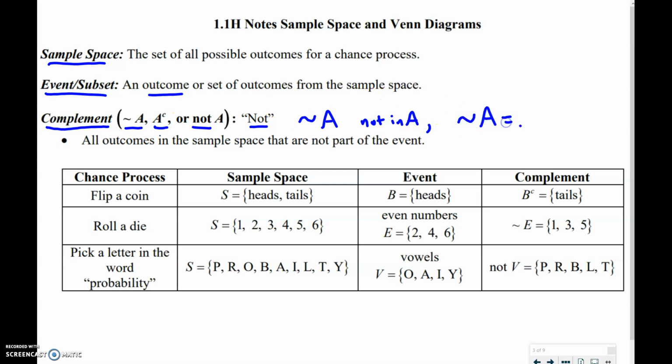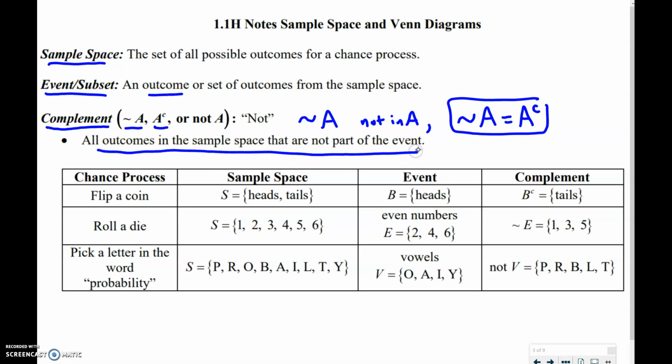This also means complement. So complement is everything that is not in A, right? And we can use the word not if we want to. But these are going to be the most common notations that we have. So not in A. So all outcomes in the sample space that are not part of event A. All right, so when we write A complement, it's everything that's not in A.